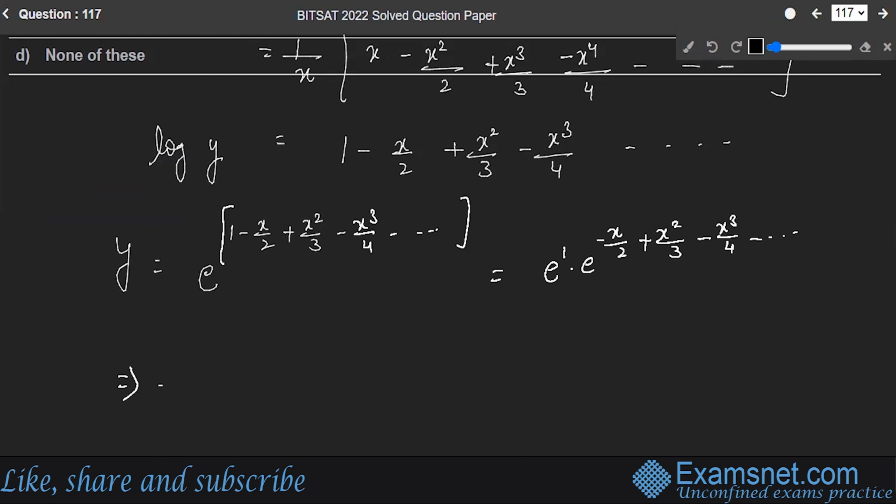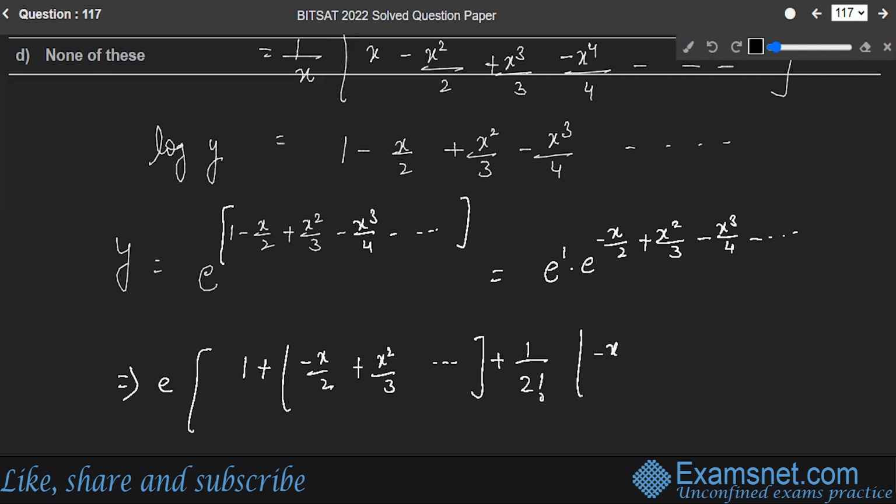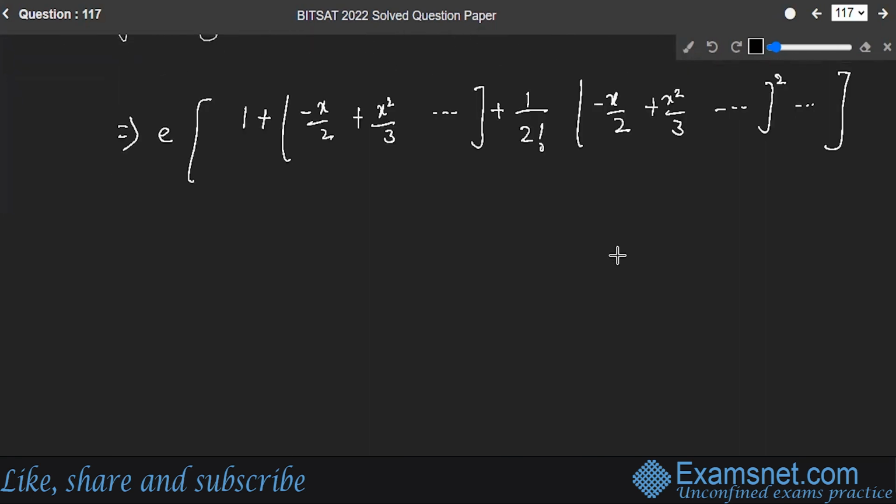So this is equal to, I'm taking e outside, and this will be 1 plus minus x by 2 plus x squared by 3, so on, plus 1 upon 2 factorial, minus x by 2 plus x squared by 3, so on, square, so on. And now that was equal to your y.